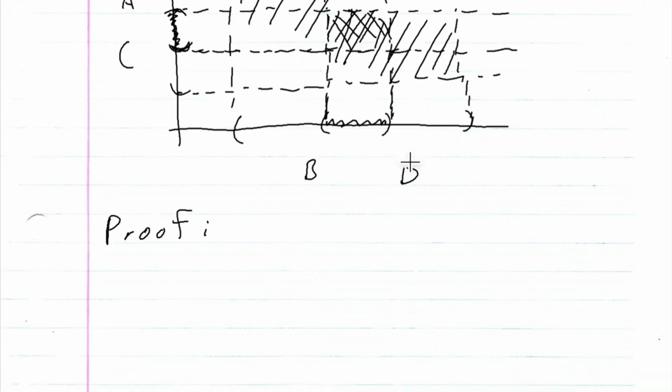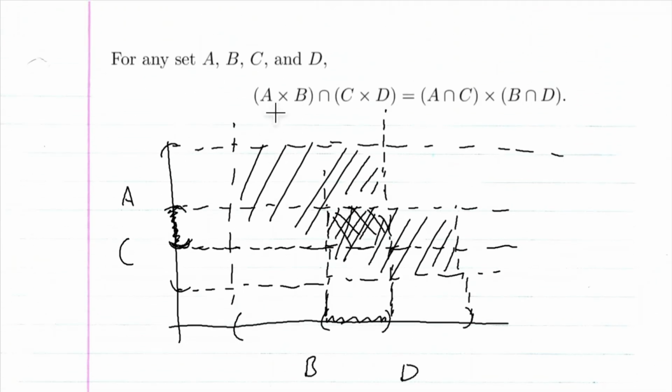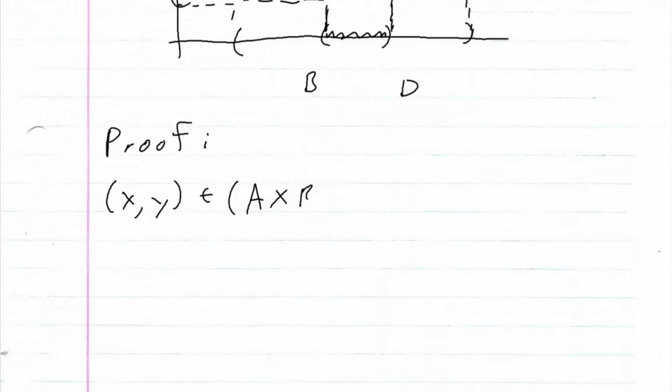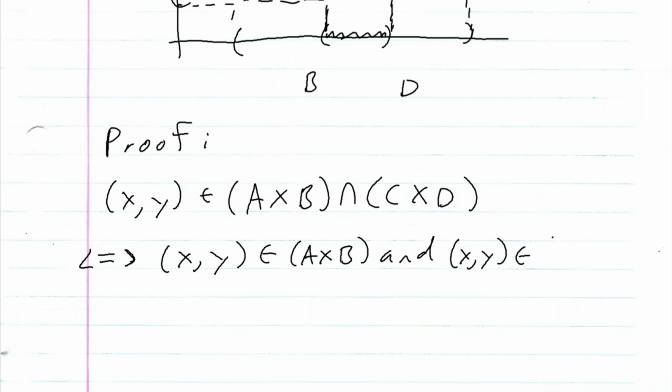So A cross B. We're going to have xy be an element of A cross B intersection C cross D. So by definition of intersection, this means that xy is an element of A cross B, and xy is an element of C cross D.